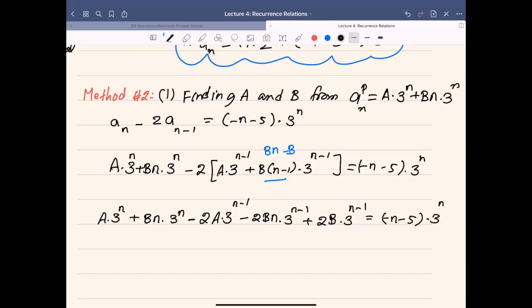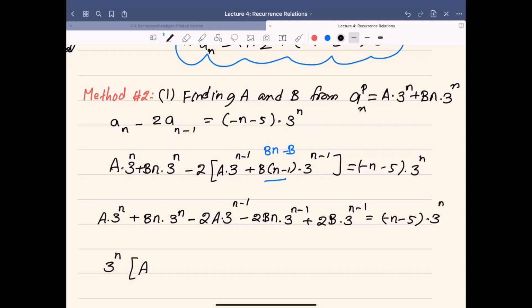How did we get these two terms? For this term, it is minus 2 times Bn times 3 raised to power n minus 1. For this term, it is minus 2 times minus B, which is 2B, multiplied by 3 raised to power n minus 1. Let's take now 3 to the power n common in this equation.